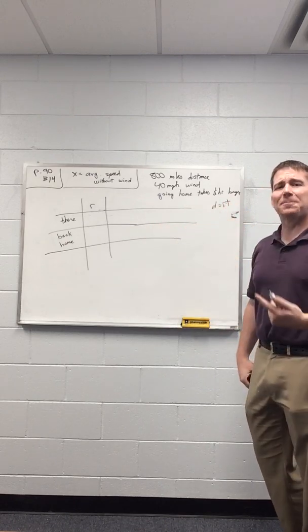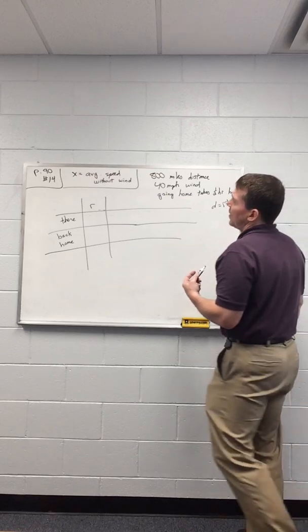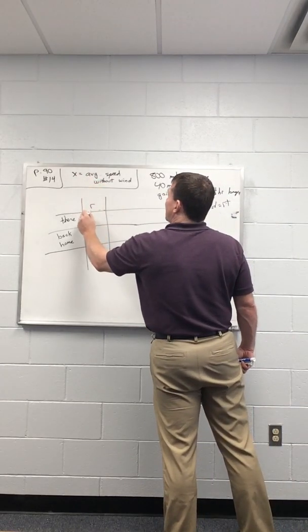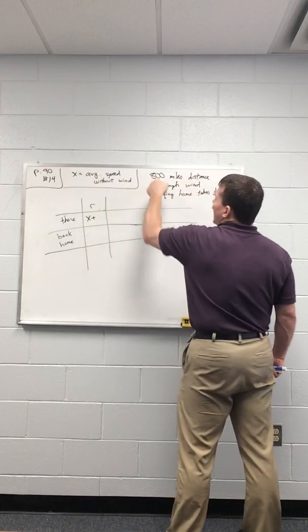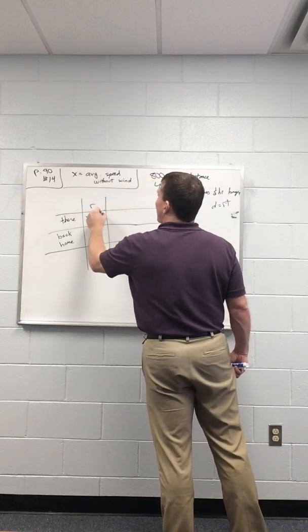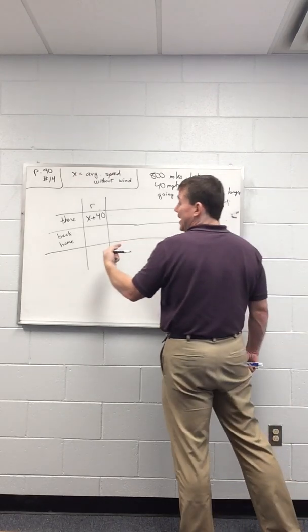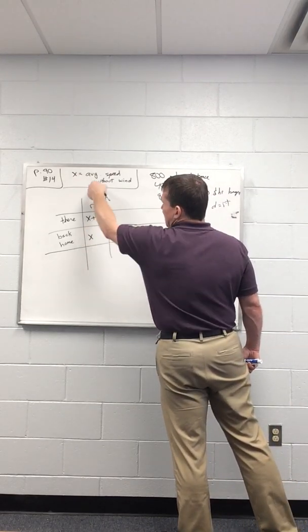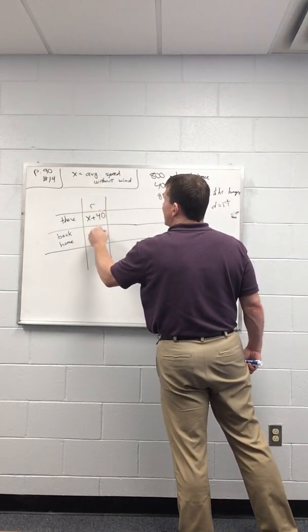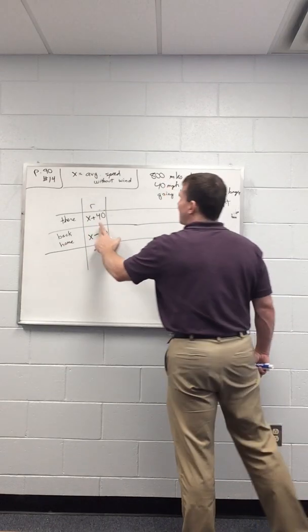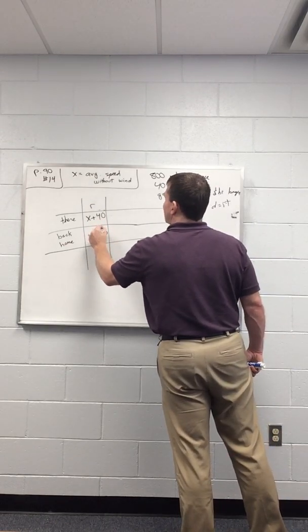So what's my actual speed, my rate going there? It's my average speed x, but then the wind speeds me up by 40 miles per hour. When I go home, what's my speed? Well, it's my average speed without the wind, but then the wind slows me down. I wrote 50, and it's obviously a 40.